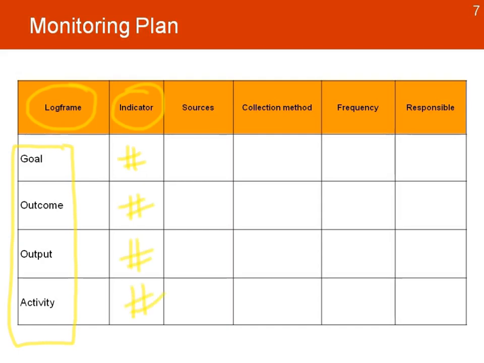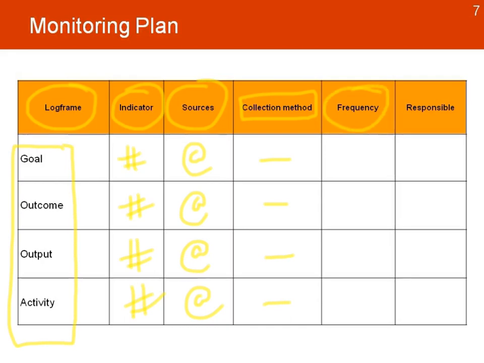And then the sources. Where is that information? It will tell us where that information is located. And the type and collection method. That is another element that helps us understand the differences in how we're going to be collecting that information.